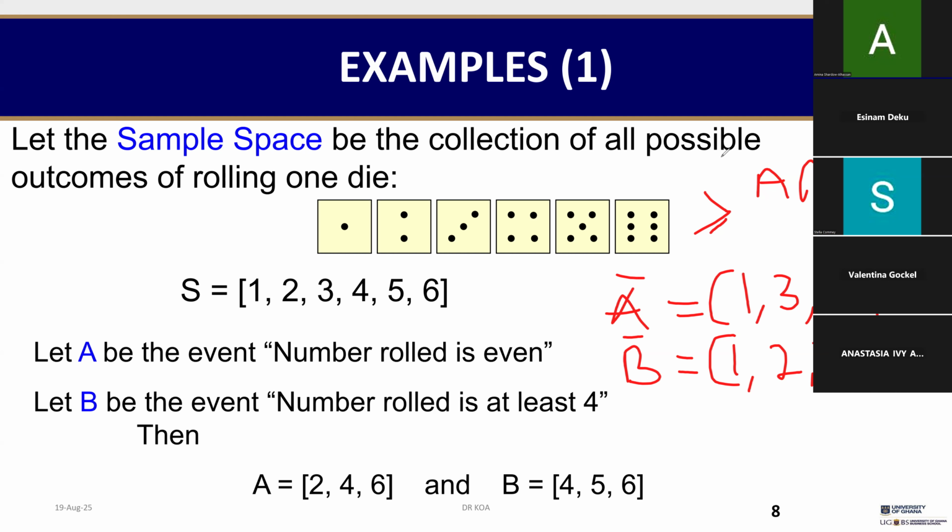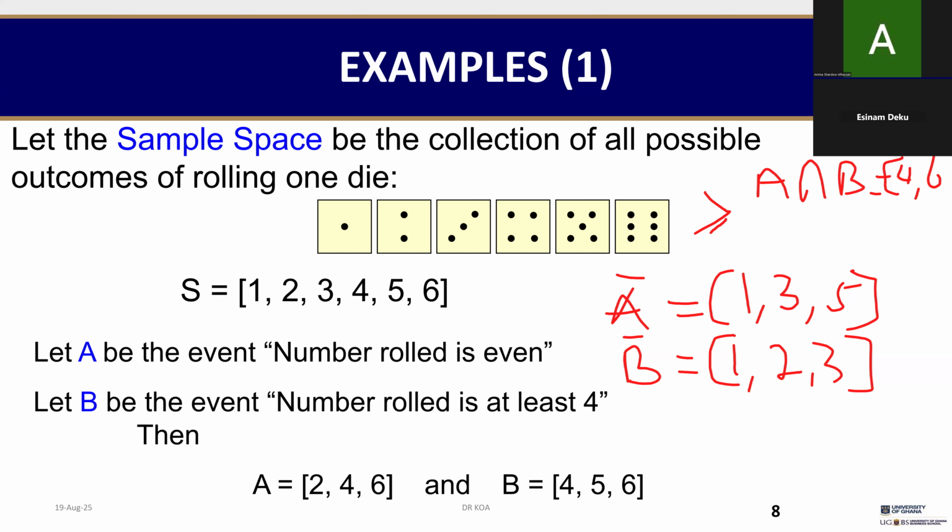Is that your final answer? Yes. Are you sure that's your final answer? Yes. Good, excellent. So that is correct. It's 4 and 6. Now that is obvious. That is A intersection B.